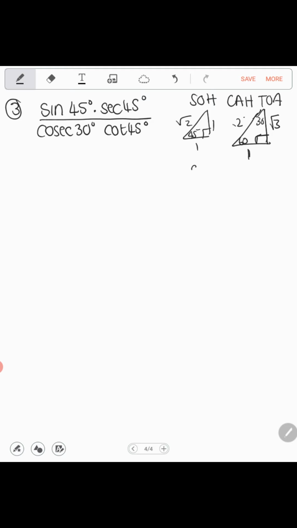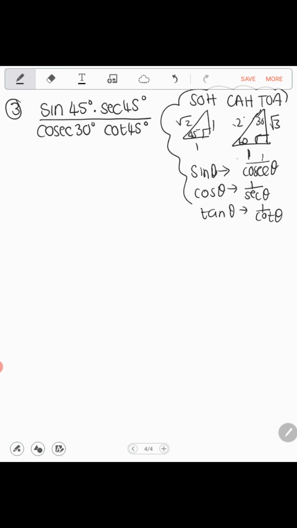And you'd also remember that sine goes with cosec, cos goes with sec, and tan goes with cot. So those are all the kind of things you need to have at the side. Those are the things that you need to be able to see and use.